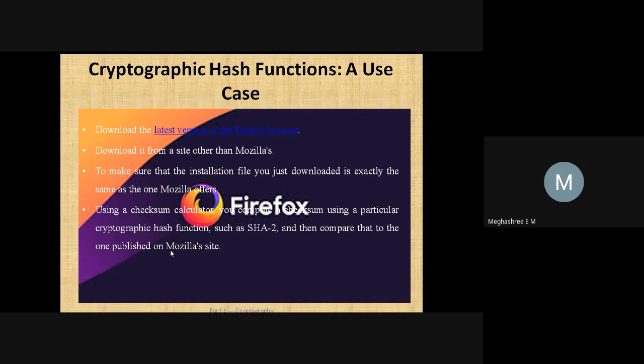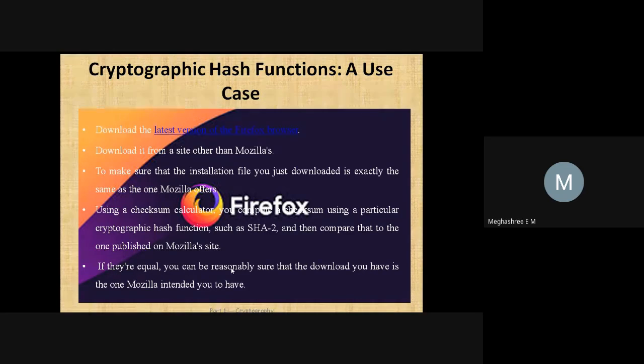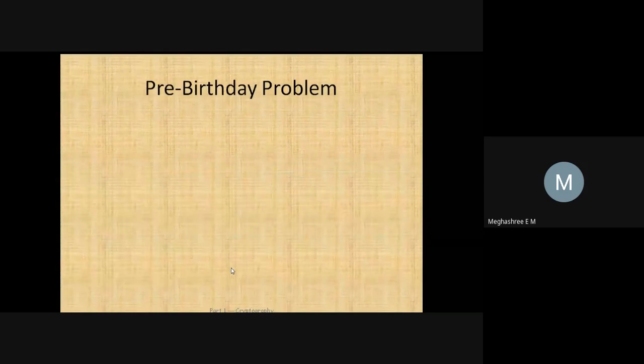If the checksums are equal, you can be sure the download you have is the one Mozilla intended you to have. This is one scenario where the hash function plays a very important role. Using such a function, you can make sure the file you have is the authenticated one. I hope this is clear. We'll move to the next topic.